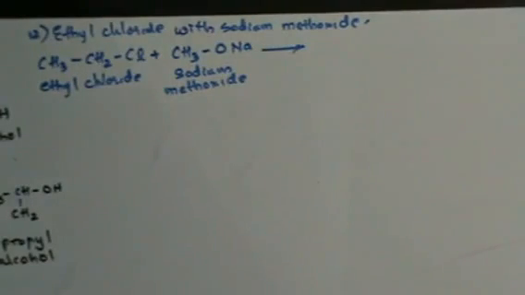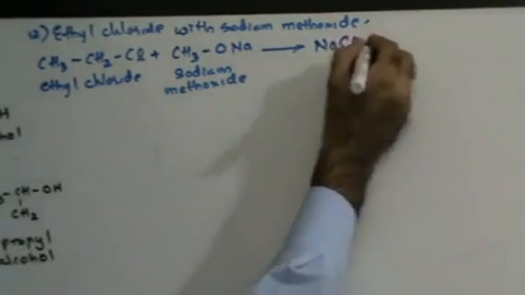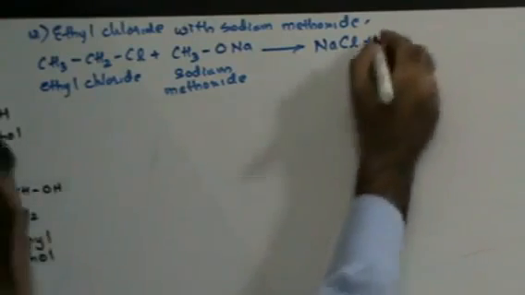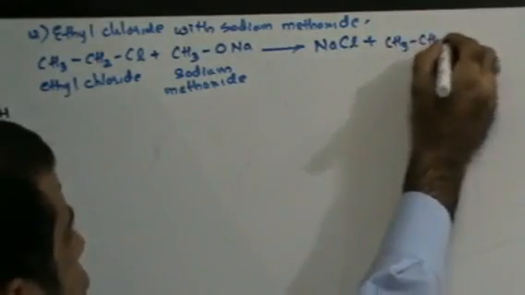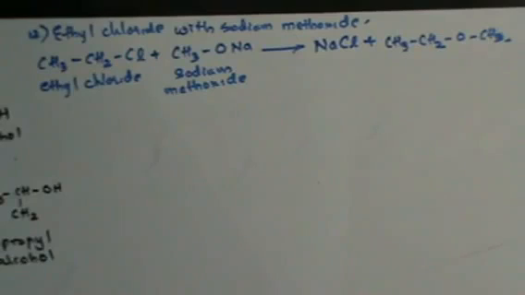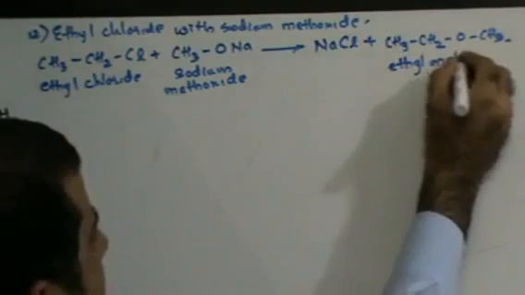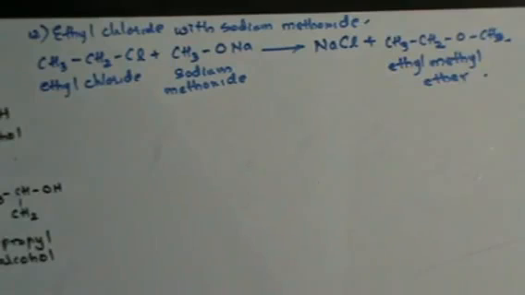So heat and boil, in which case you will get NaCl, sodium chloride, right? Once this is gone, that will give you CH3CH2OCH3. ROR is ether group, E comes before M, so this is ethyl methyl ether, right? So ethyl chloride reacts with sodium methoxide to give you ethyl methyl ether.